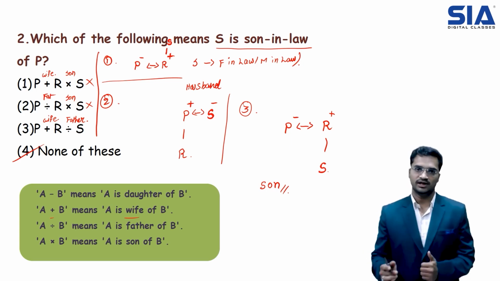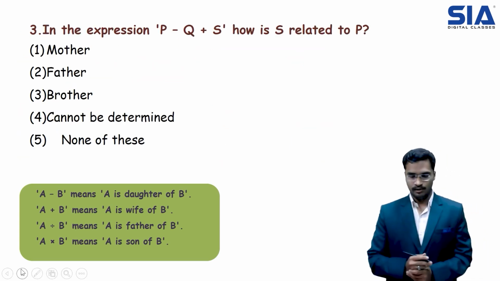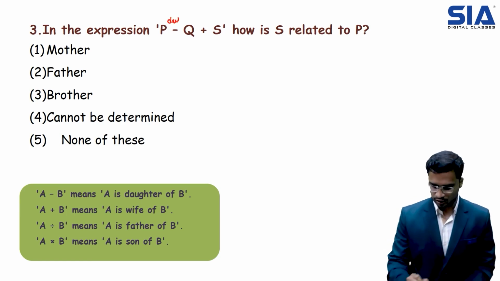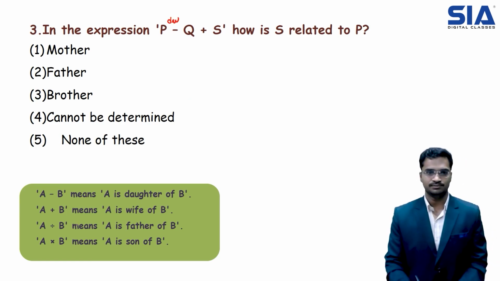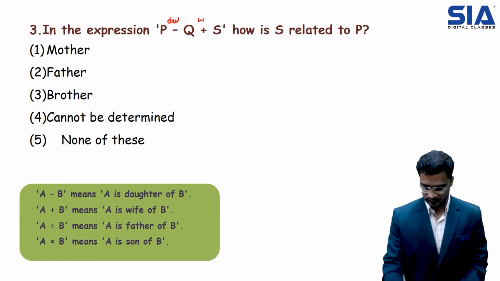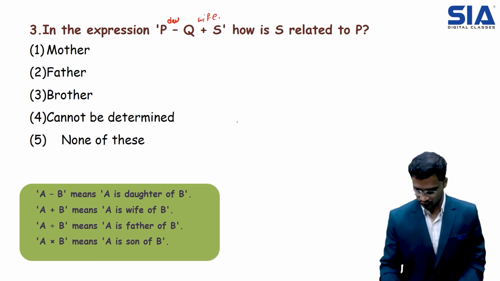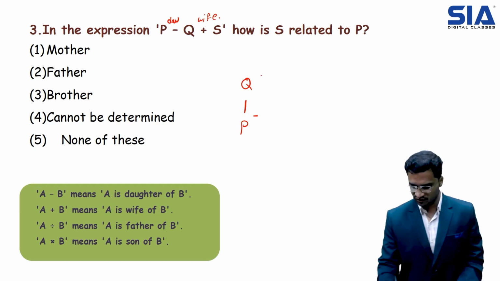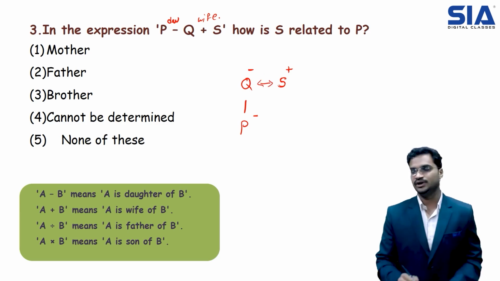Now coming to the next question, which says P minus Q plus R. Minus means daughter. Plus means wife. So P is the daughter of Q, and Q is the wife of S. So if Q is the wife of S, then S will be the husband and they both will be married.